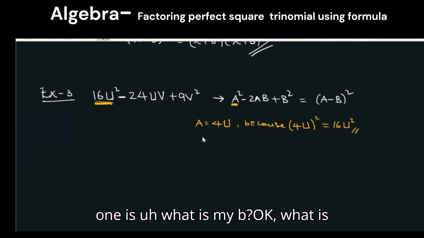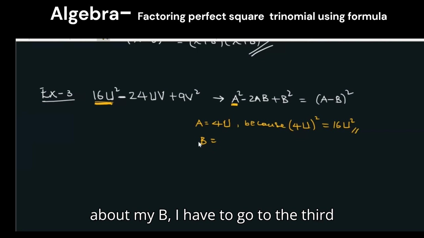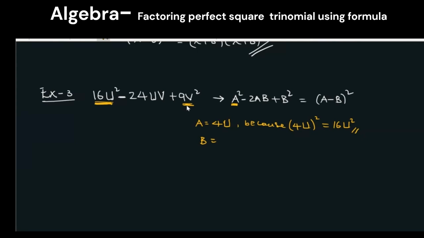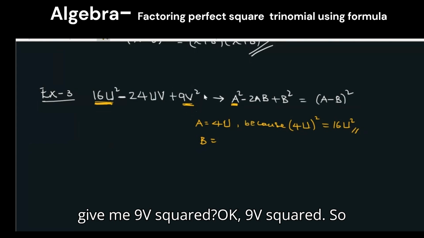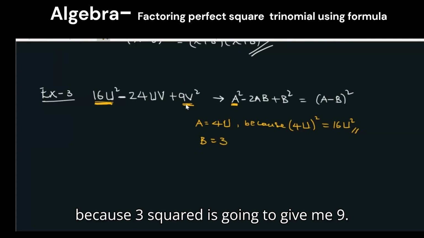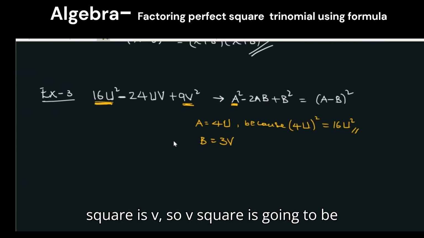The next one is, what is my b? To find out about my b, I have to go to the third term, which is the c part of this. If I have 9v squared, what should be my b when I square it to give me 9v squared? The square root of 9 is 3, because 3 squared gives me 9, and the square root of v squared is v.